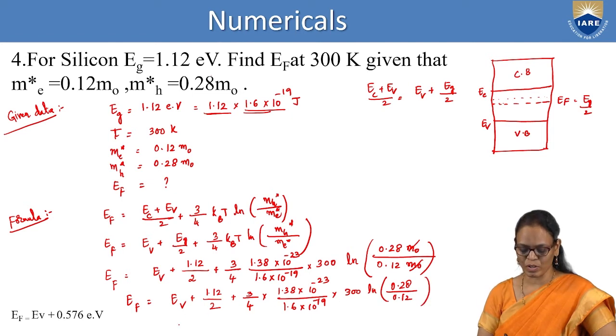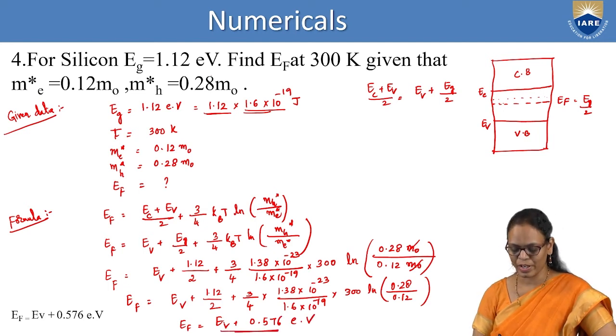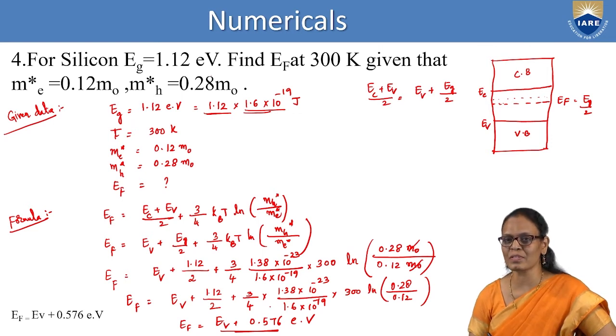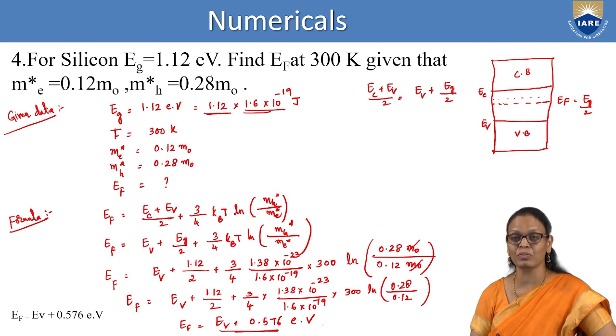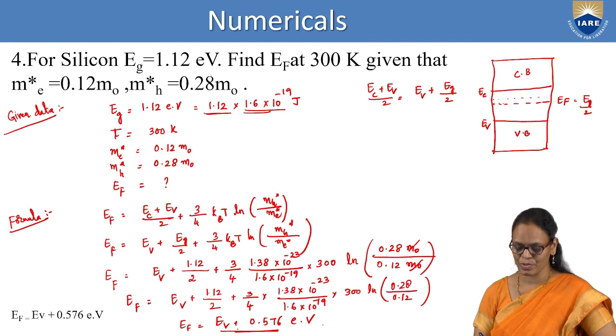So simplify all these values, we get EF is equal to EV plus 0.576 electron volt. So we are getting the answer in electron volt. So where does the Fermi level lie? It will lie at 0.576 electron volt above EV. Okay. So that is how we are expressing it in terms of electron volt. If this is EV, it will lie at a distance of 0.576 electron volt above EV.